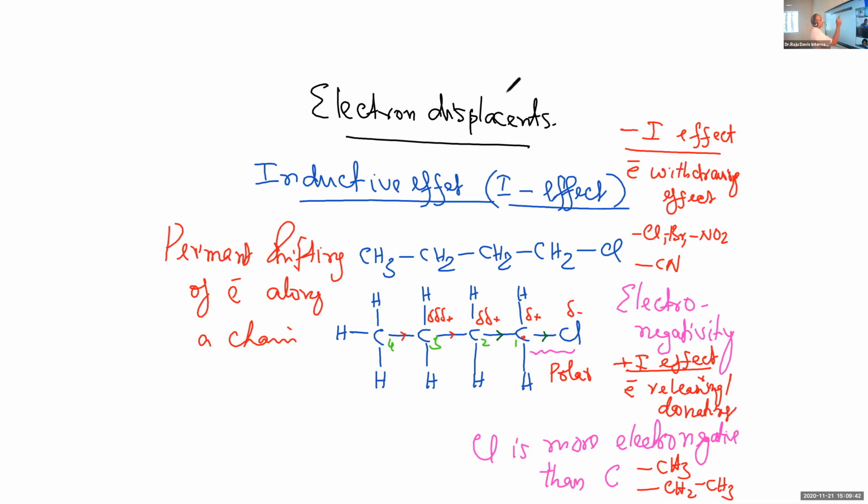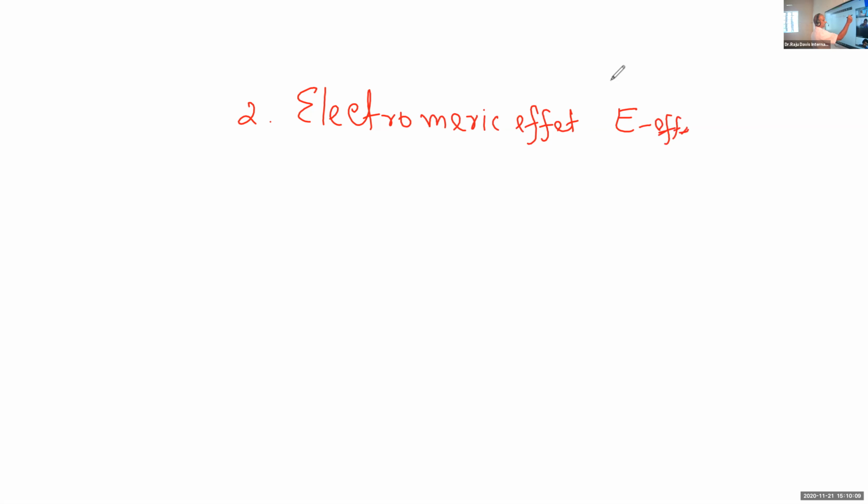Now you come to the second electron displacement effect, and that is called the electromeric effect, or E effect.